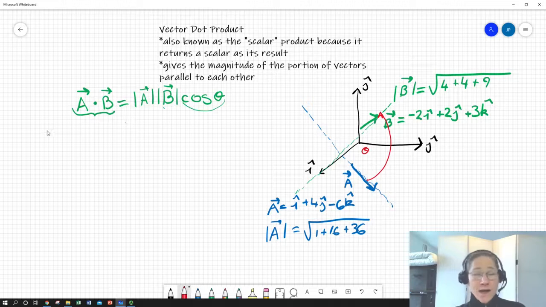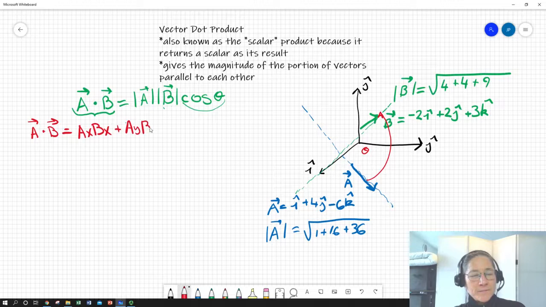So as it so happens, and this is just definition of vector algebra, A dot B is AX BX plus AY BY plus AZ BZ.